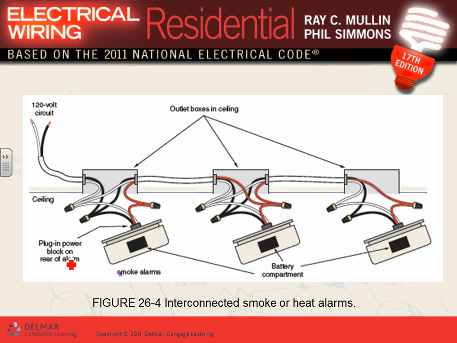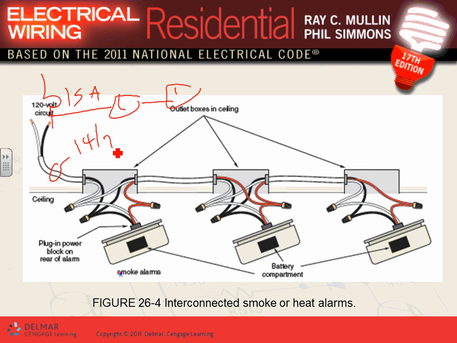Okay, here's what hardwired is, guys. Here's that 20 amp circuit like we did. Here's my 15 amp circuit, and this is typically a lighting circuit. From this side you have lights. Then you tap and feed the smoke detectors with 14-2, and then you take a 14-3 between them. I want to bring to your attention, guys, the black and the white power the devices because they need to be powered.